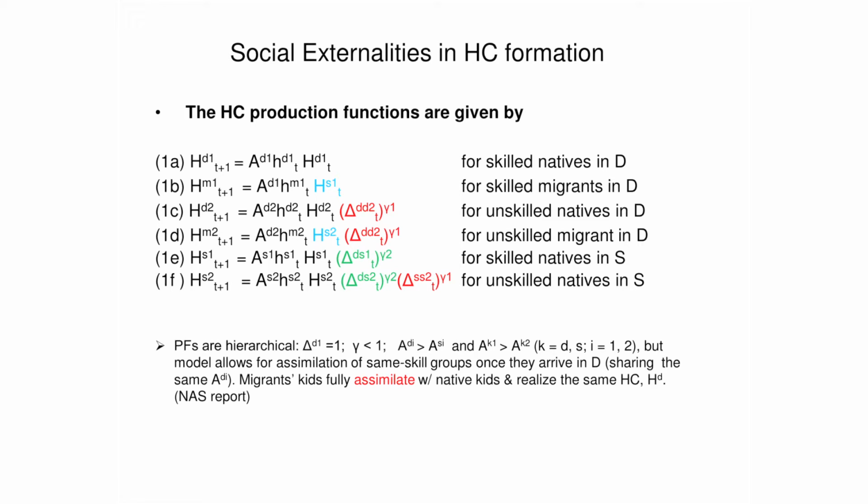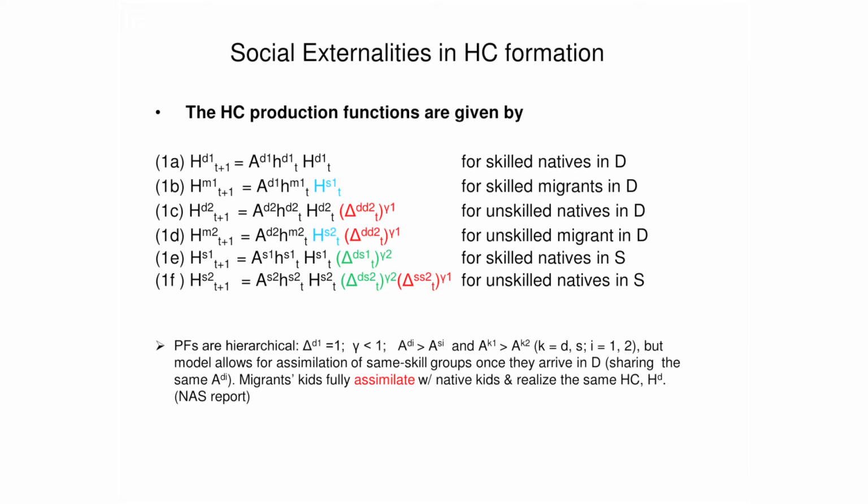So, we are specifying them in some hierarchical model. In the skilled group at the destination country, that delta is going to be equal to 1. The lambda is, of course, has to do with the gamma. The gammas are supposed to be less than 1.